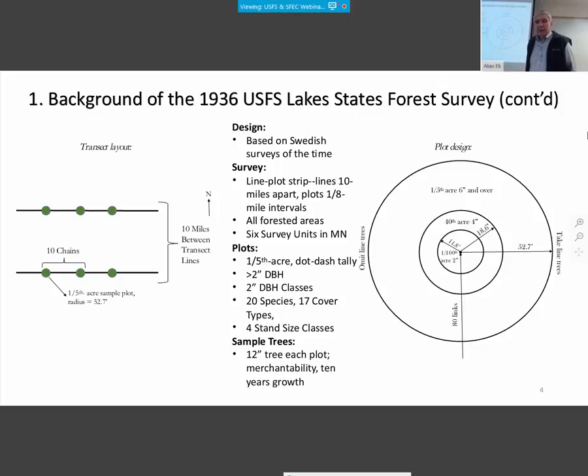So a transect layout, a line, 10 miles between transect lines, if you just dice Minnesota at 10-mile increments, and 1/5 acre plots, and then some subplots within that for smaller materials and special interests.